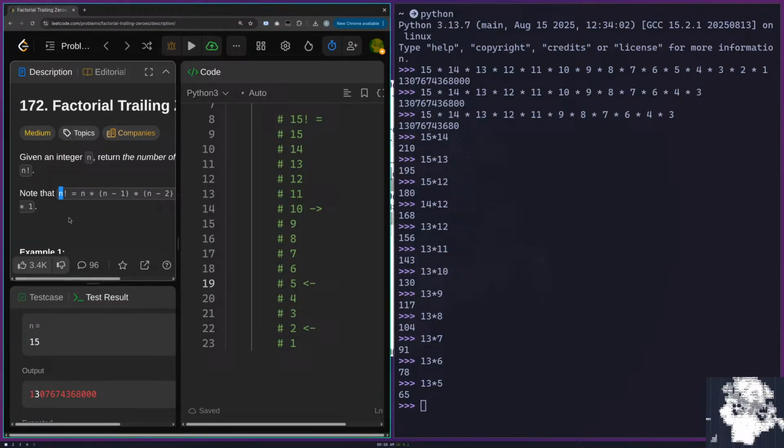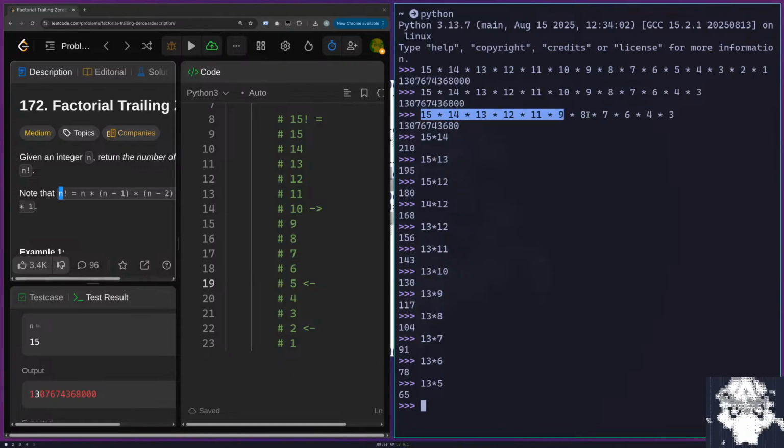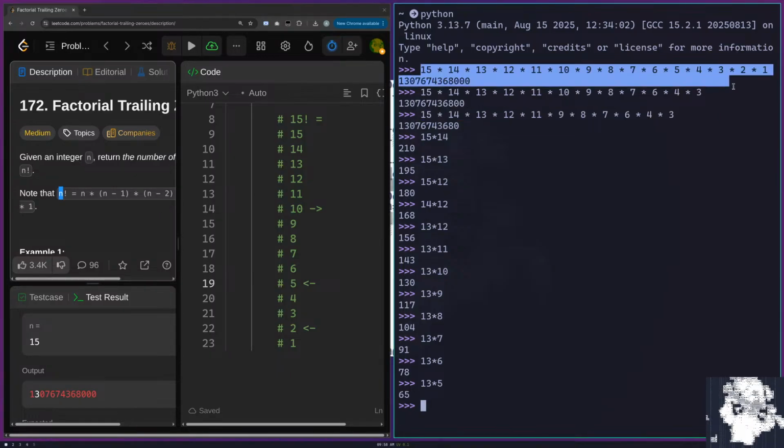To make it logarithmic, I would have to not look at every factor.